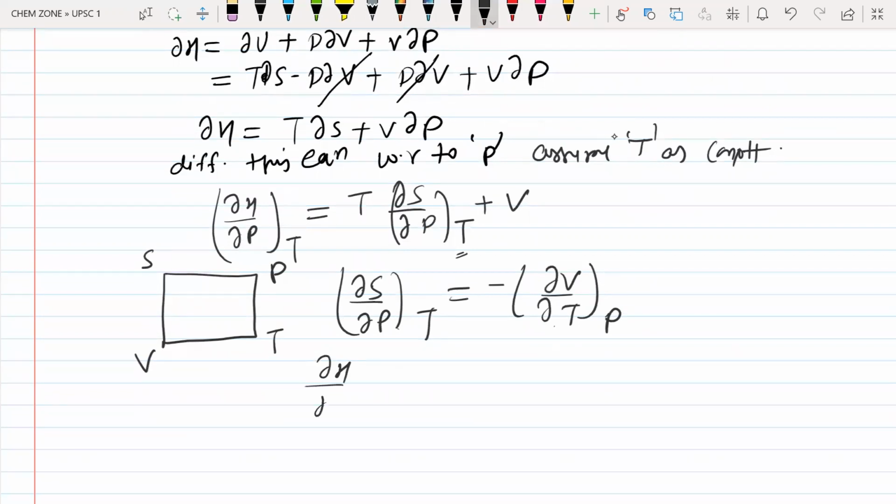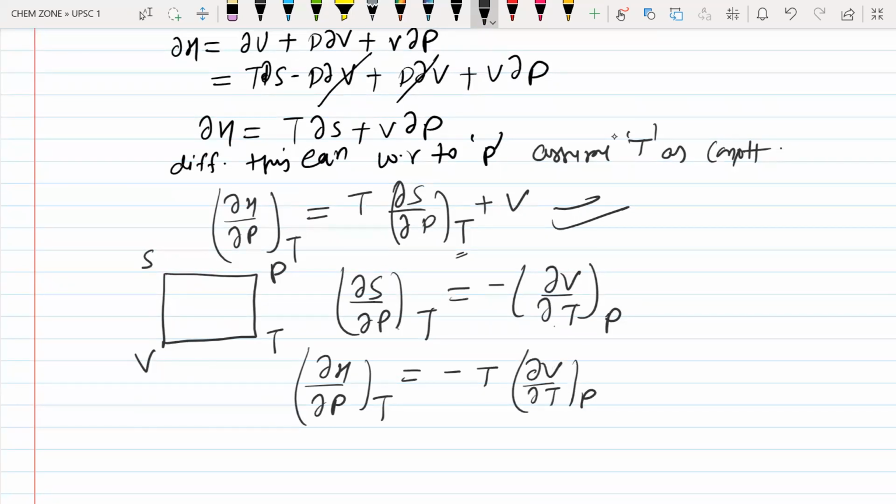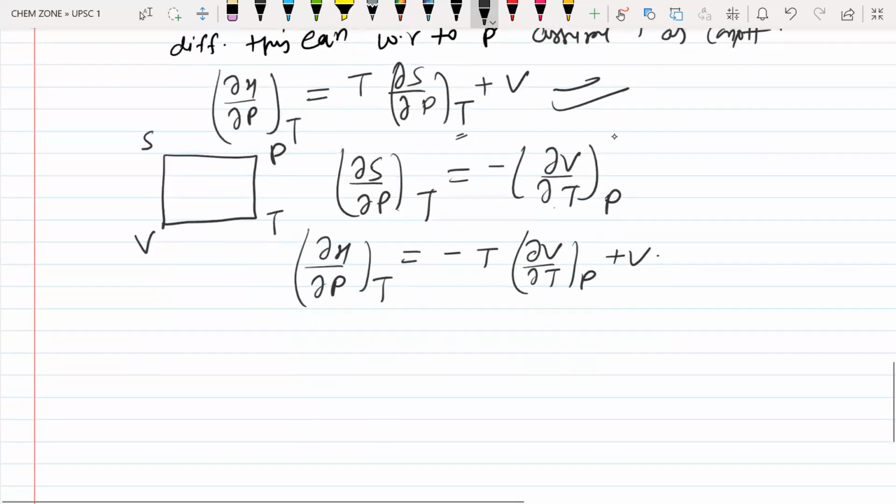So we found that del H by del P at T, when we put the value of del S by del P in this equation, comes as minus T del V by del T at P plus V.